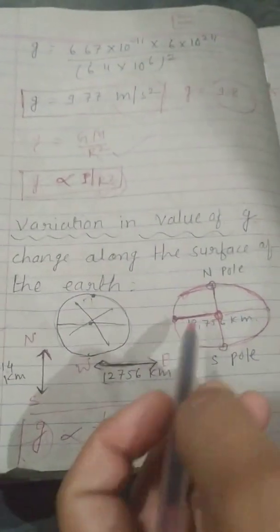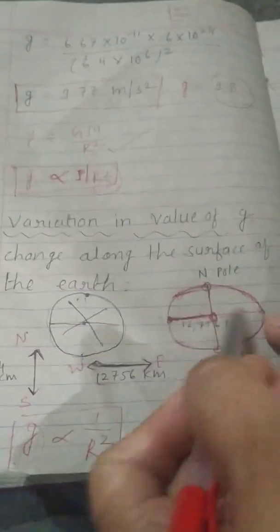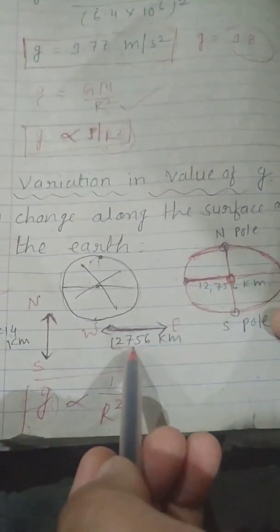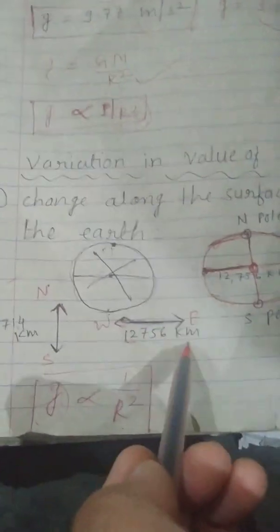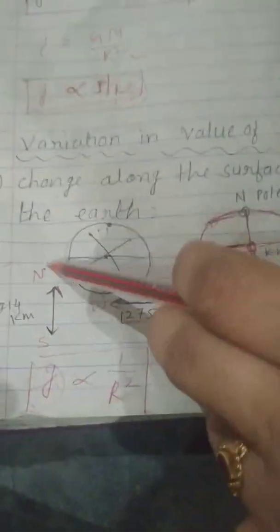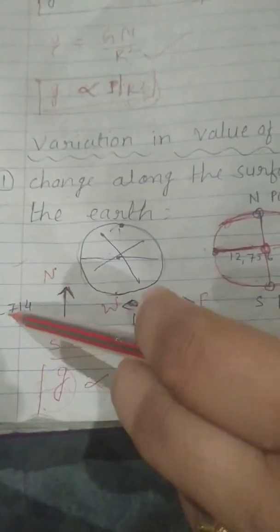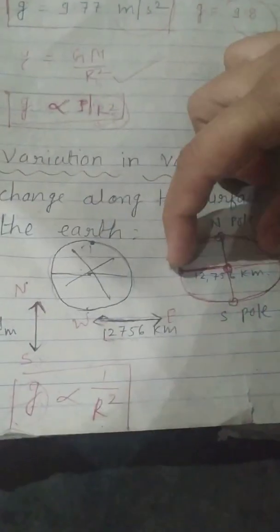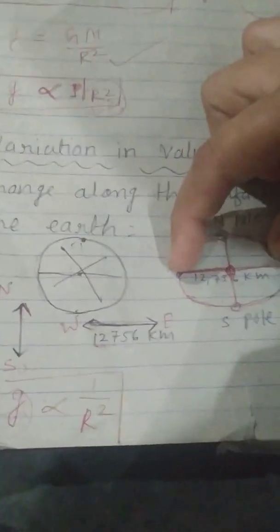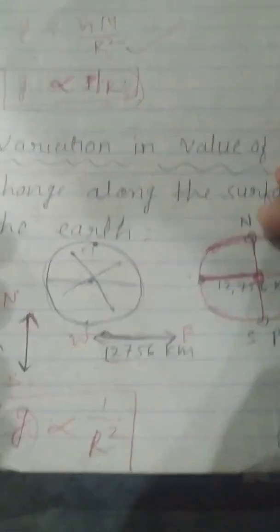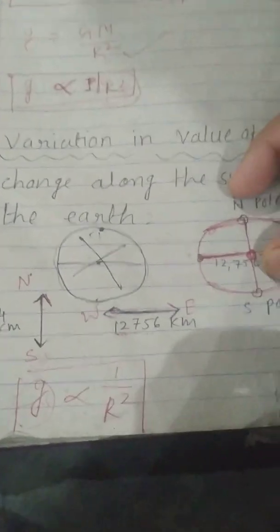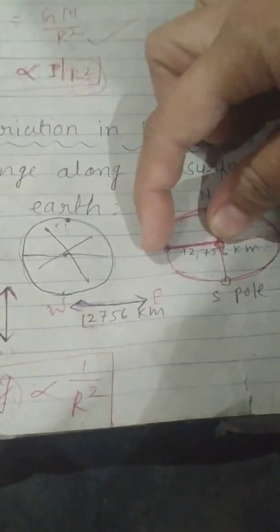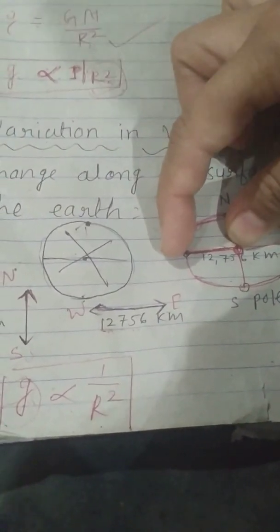The total diameter at the equator is 12,756 kilometers, and from north to south the diameter is 12,740 kilometers. So this diameter is greater and this diameter is less. Here at a pole, the radius is less than the radius at the equator.